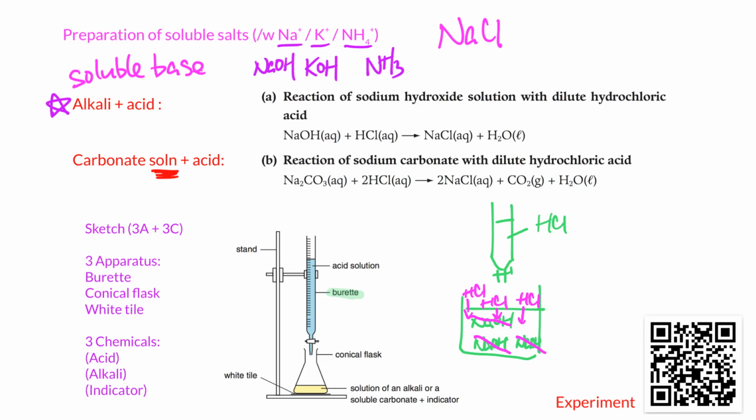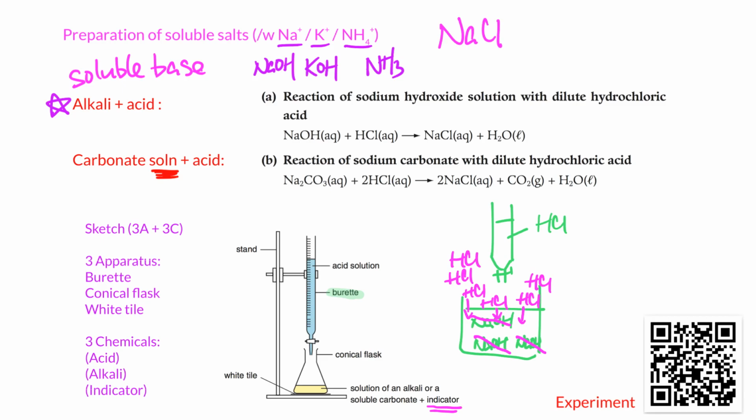So what happens? You may continue to add HCl, more and more, and the solution will become acidic instead of alkaline. So how can I know when the end point is reached? It will depend on the indicator. Recall in chapter 16, we learned about indicators. They show us the acidity and alkalinity of the solution.